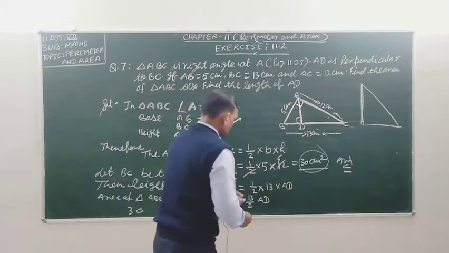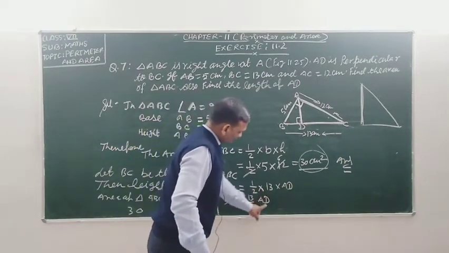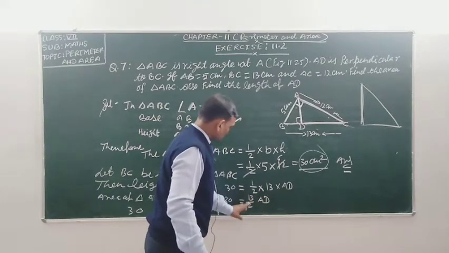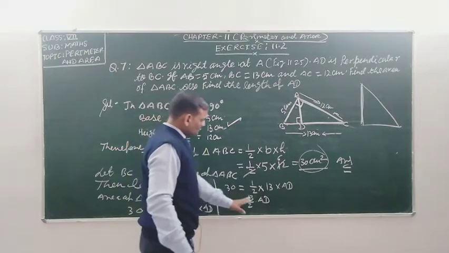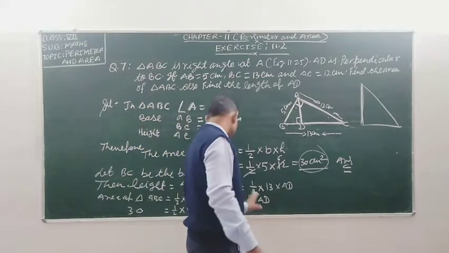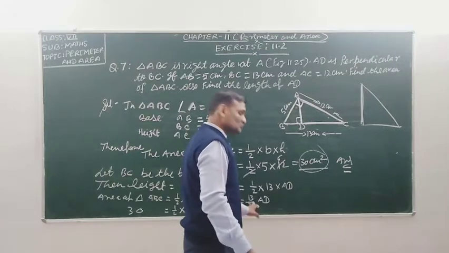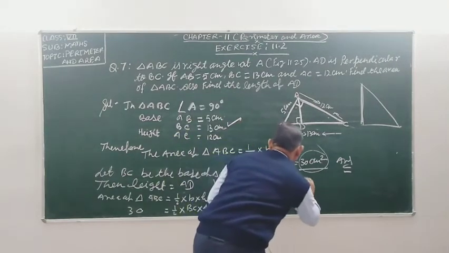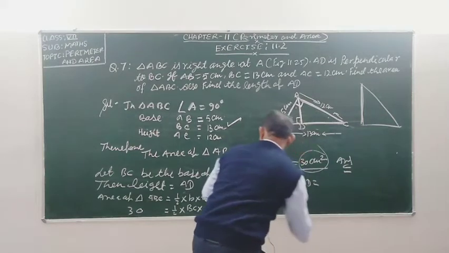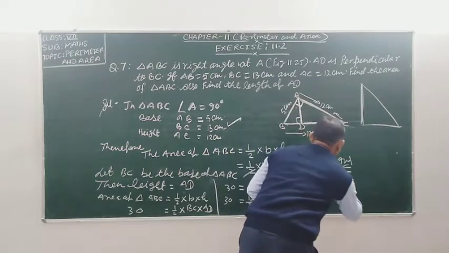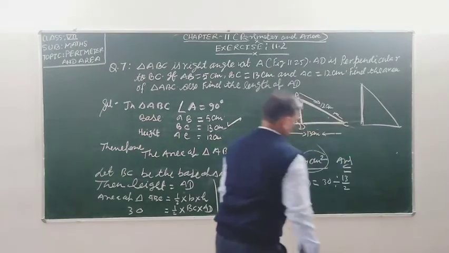So student, now we need to find the length of AD. So we have to transpose 13/2 to the left side. On the right side we are multiplying by 13/2, so when we transpose to the left side, we have to divide. So we get AD is equal to 30 divided by 13/2.